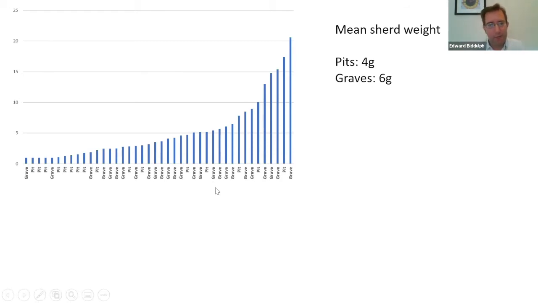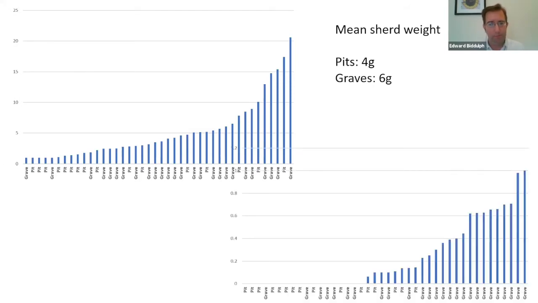so let's look at mean Eves. Now, of course, whole pots are going into the graves, so we expect a different picture to emerge, that the mean Eve values will be much higher for graves compared with pits.